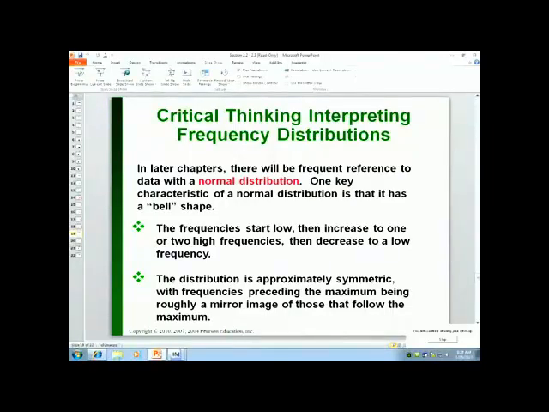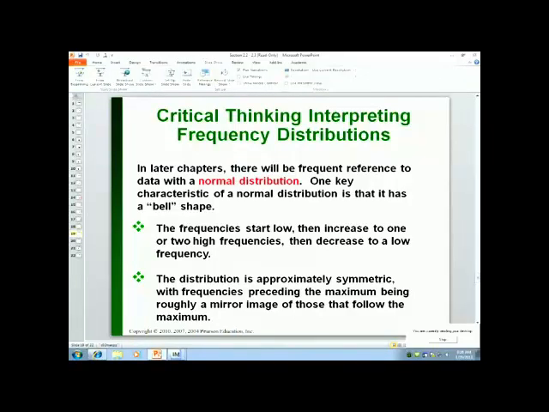It starts low, reaches some peak, and then goes back to low, relatively symmetric. The frequencies start low, increase to 1 or 2 high frequencies, decrease to a low frequency. When data fits that shape, you say the data is from the normal distribution. And when you're looking at the graph, you say that's a bell-shaped curve.